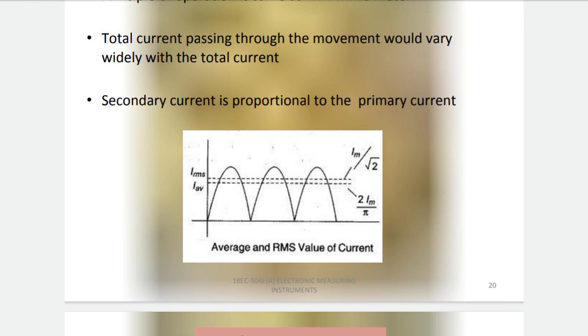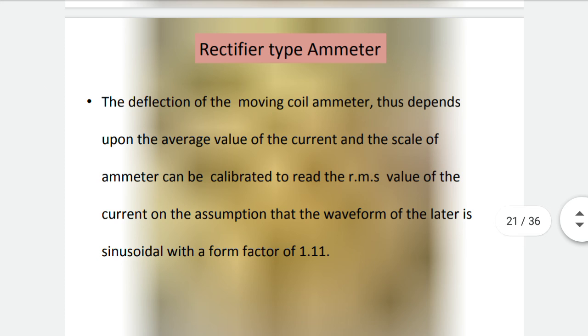The average current for a full wave rectifier, I average or IDC, is equal to 2 Im by pi, and IRMS is equal to Im by root 2. Now the deflection of the moving coil ammeter depends upon the average value of the current, and the scale of the ammeter can be calibrated to read the RMS value of the current, on the assumption that the waveform is sinusoidal with a form factor of 1.11.